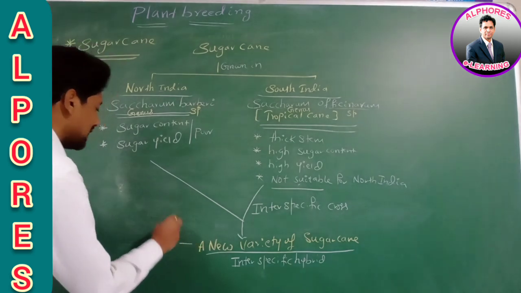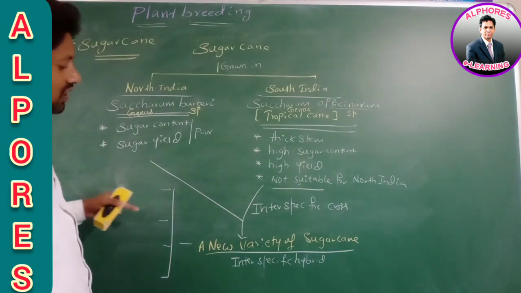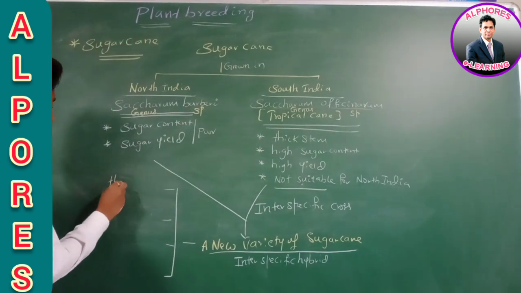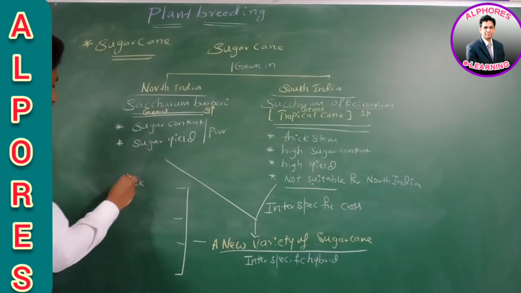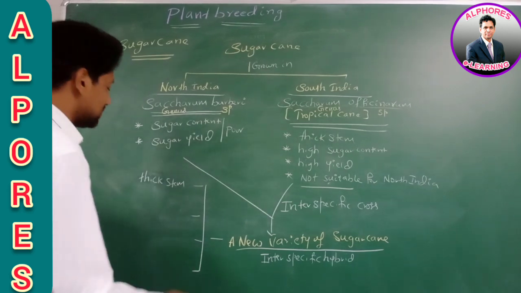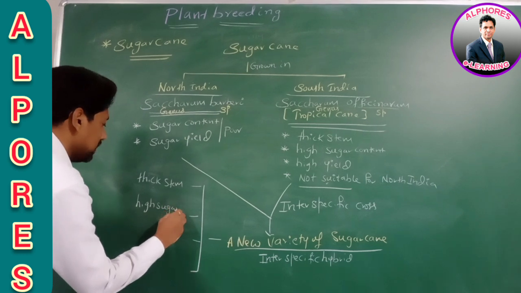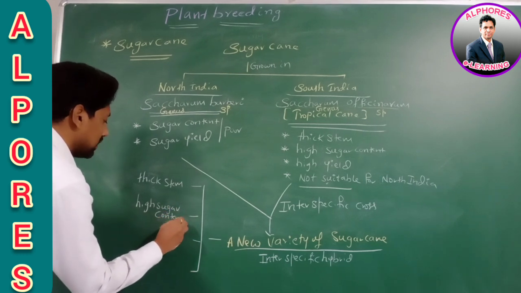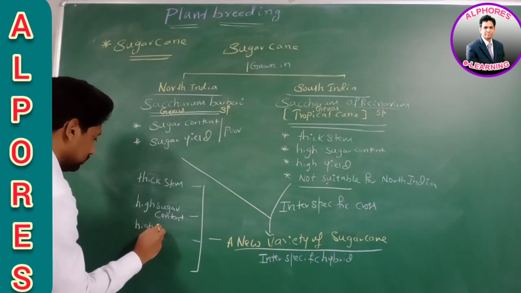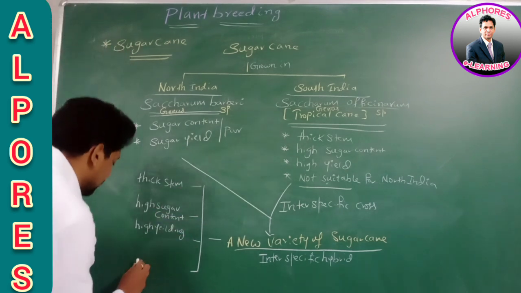Now, what is the speciality of this new variety of sugarcane? Listen here. It has a thick stem, high sugar content, high yield, and it is suitable for North India.